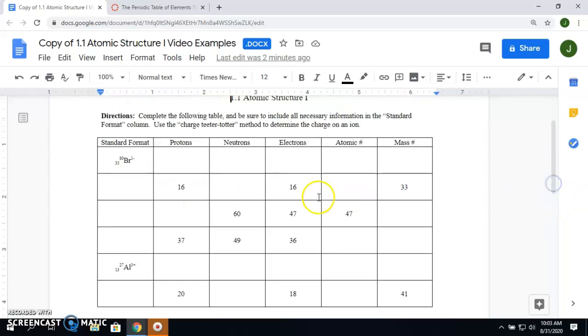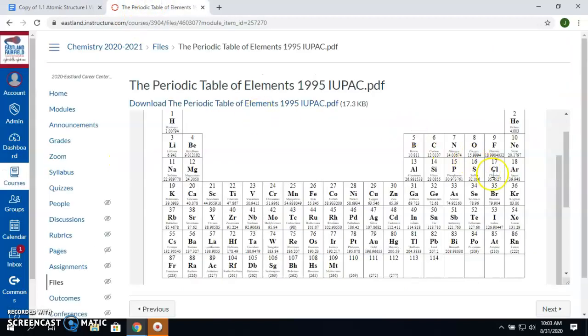Okay, I've also got out the periodic table of elements. We'll take a look at that in just a second. So first of all, you can see that this is bromine. And when we take a look at bromine on the periodic table, it's right over here. Bromine is element number 35, which means that its atomic number is 35 and it has 35 protons.